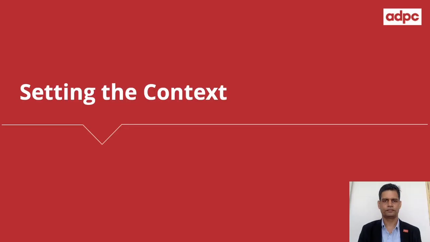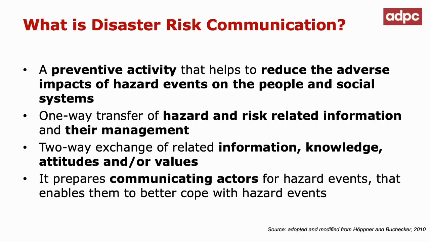a schedule. Before you go to course objectives, course content, course methodology, completion policy, etc., it is important to set the context first. In this course, disaster risk communication is defined as a preventive activity that helps reduce the adverse impacts of hazard events on people and social systems.